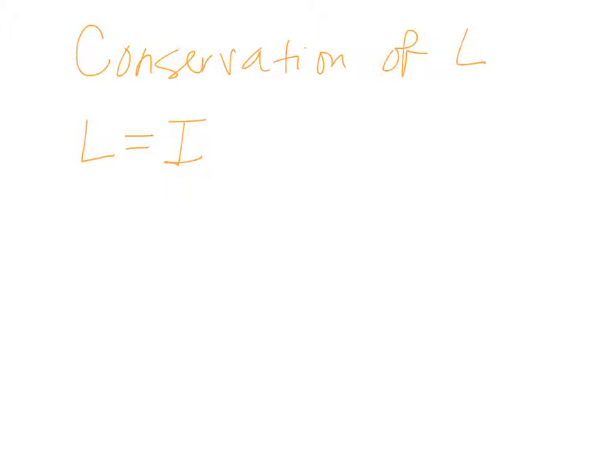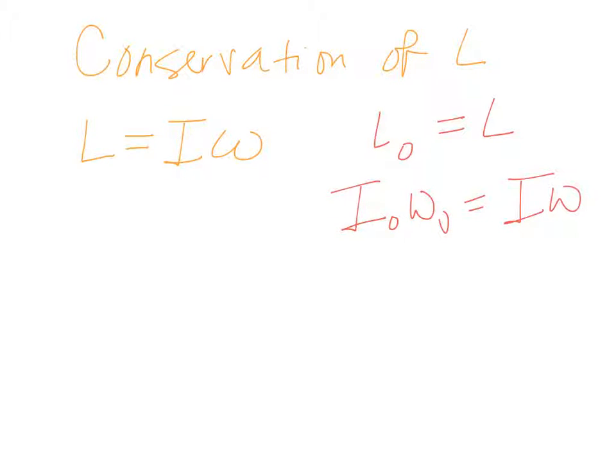I omega, moment of inertia and angular velocity about the center of mass, is conserved in a closed system with no external net torque applied, which is the same thing as conservation of angular momentum. In mathematical terms, L naught is equal to L final, which is I naught omega naught equals I final omega final.